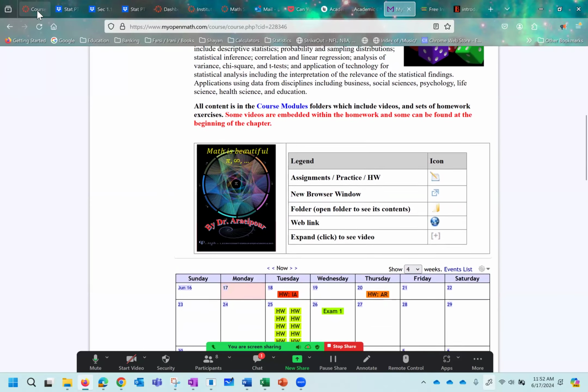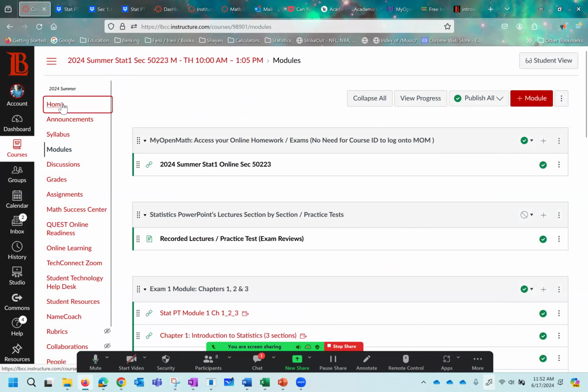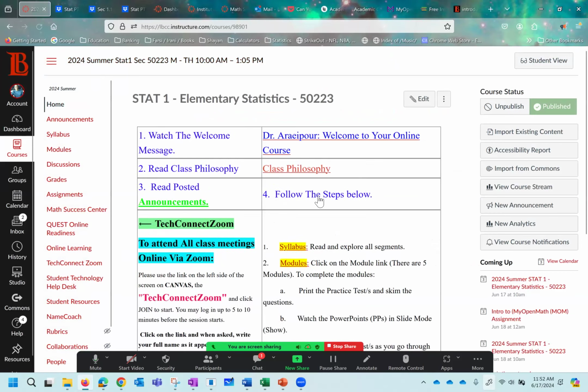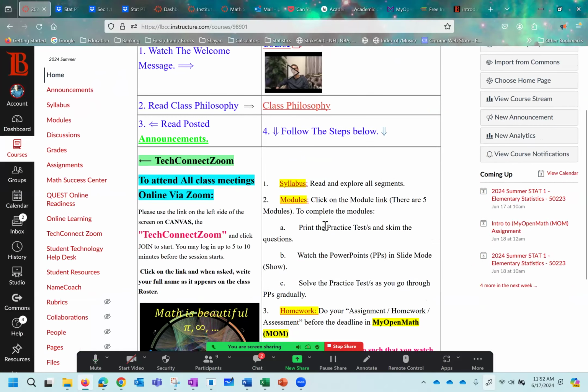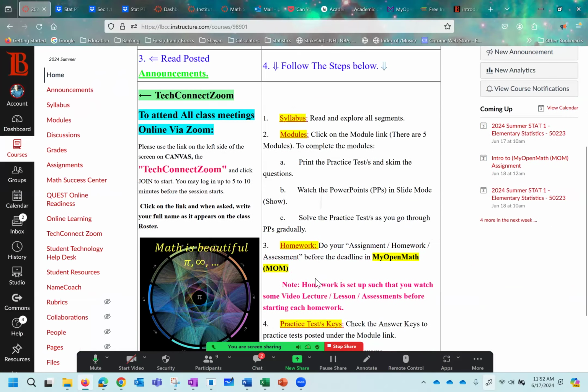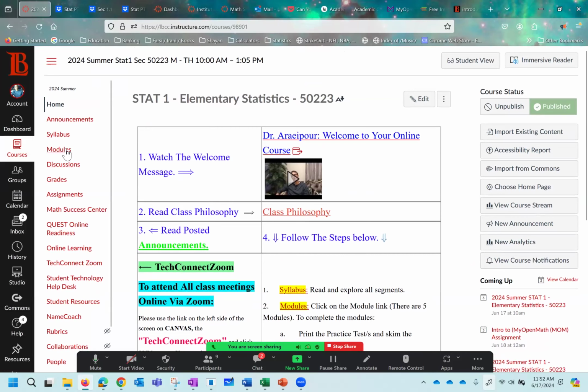Going back to the Canvas homepage, the synopsis of what we did, there was a welcome message, class philosophy, the announcements, and if you miss any of the announcements that is sent to you, which will be emailed to you, you can go back under the announcements and find them. The syllabus and modules, and as far as you're concerned, most everything can be found under the modules.